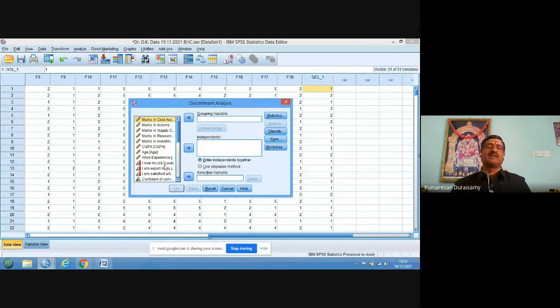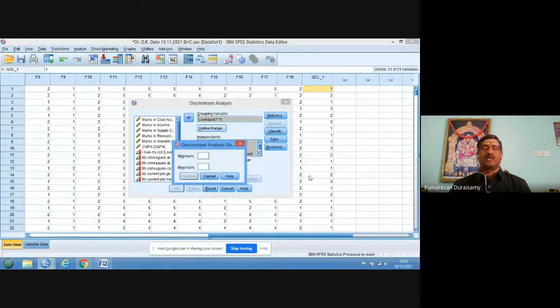Now here, what are the independent variables? Age, work experience, then expert in job, I am satisfied. What is the grouping variable? Confident.